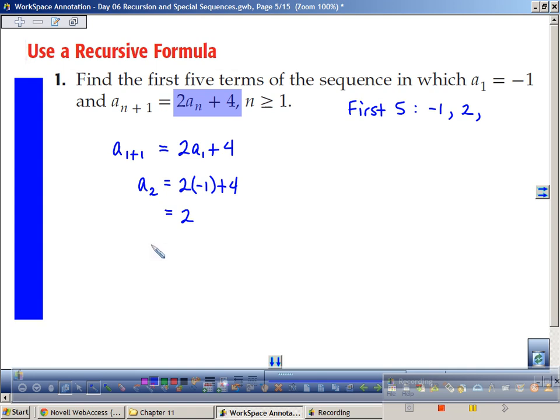So what if I want to find the third term? Plug in 2. So a sub 2 plus 1 equals 2 times a sub 2 plus 4, which is, what is a sub 2? We just found it. 2, which is 8. There's your third one.